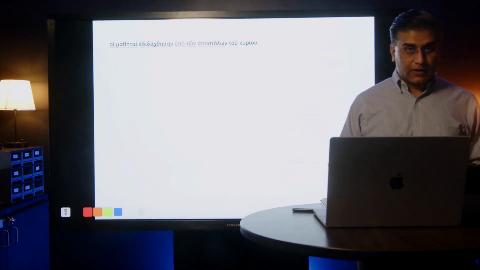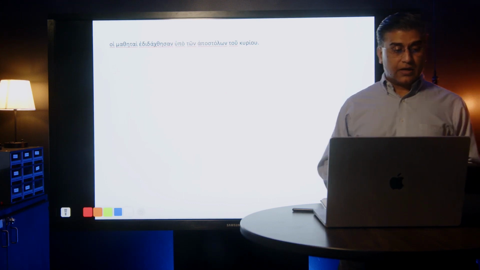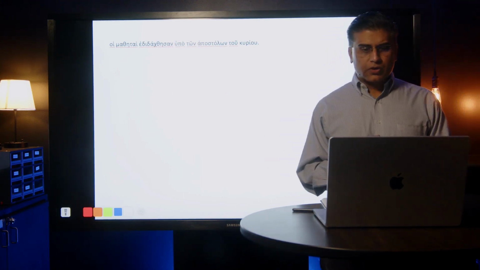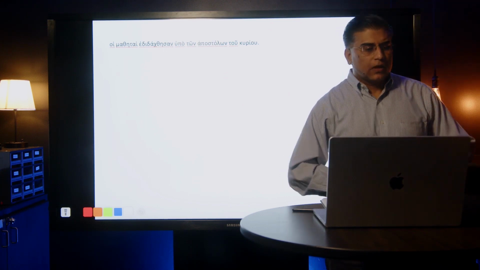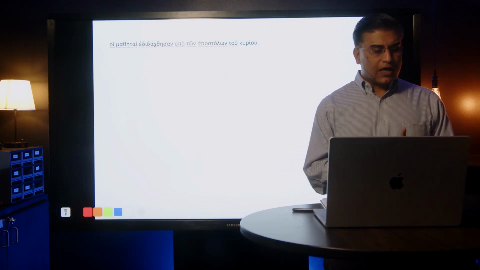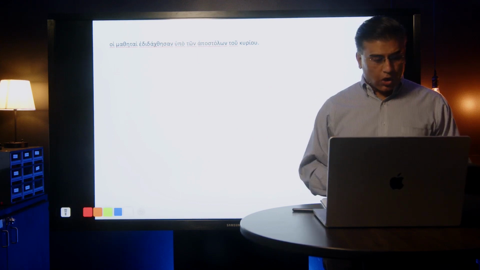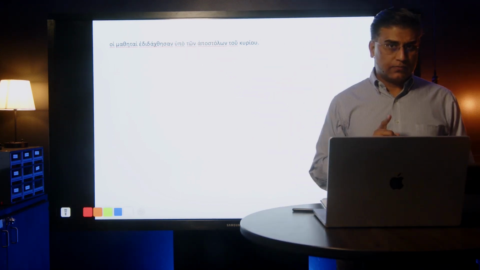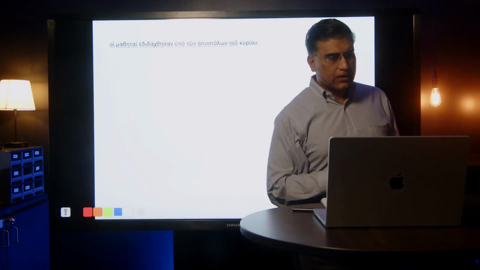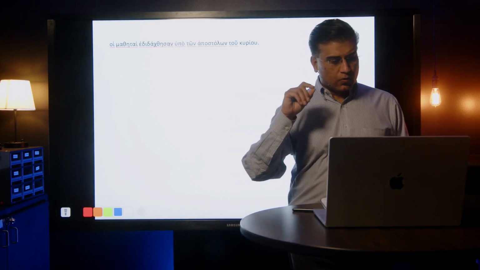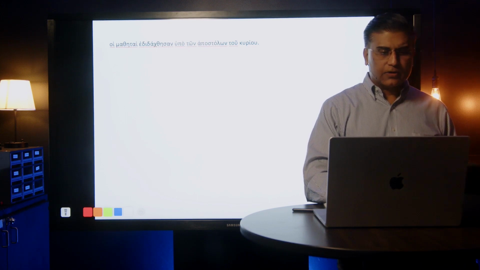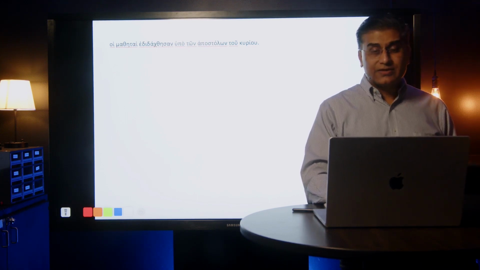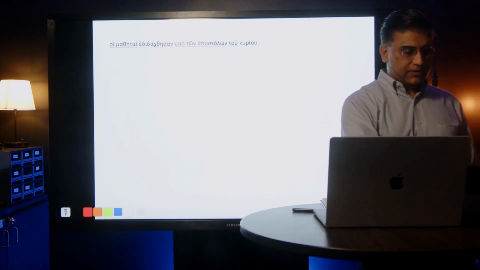So edidachthēsan from didaskō. So the disciples were taught by the apostles of the Lord. Okay? The disciples were taught by the apostles of the Lord. Let's go to number 6. Number 6.